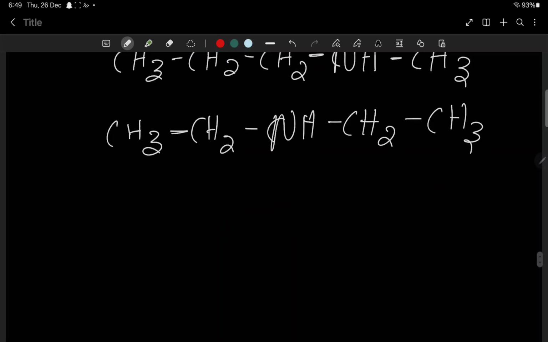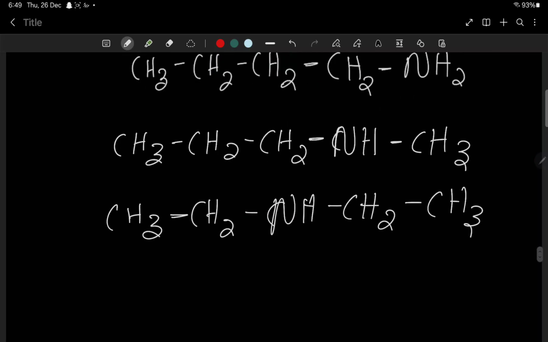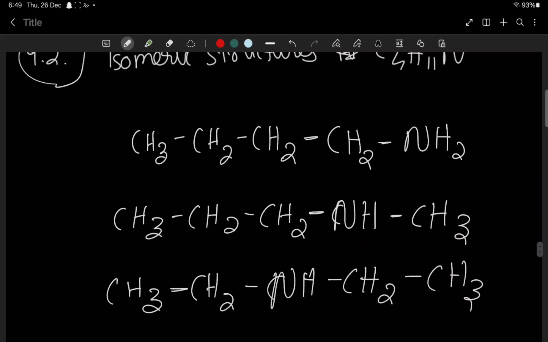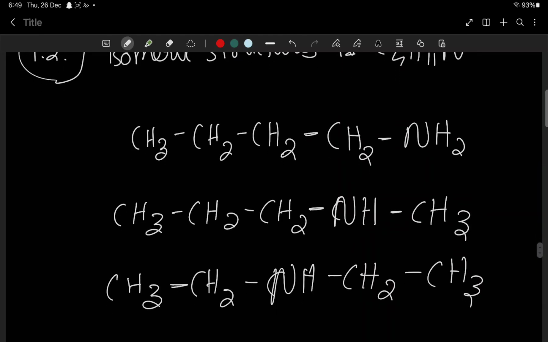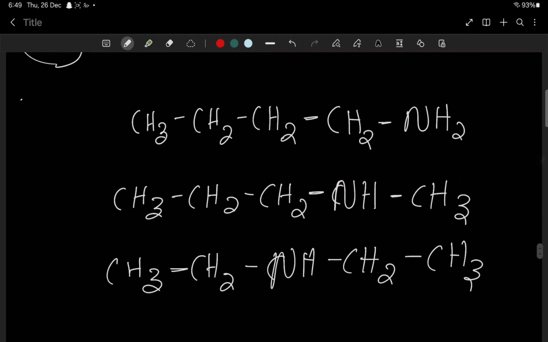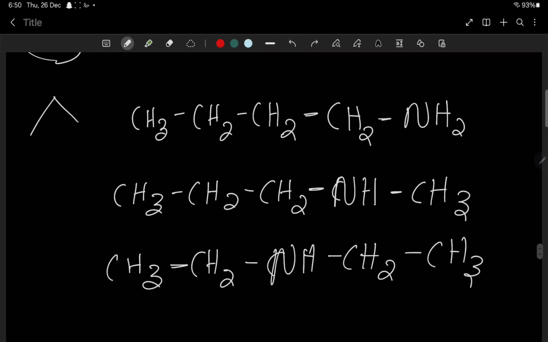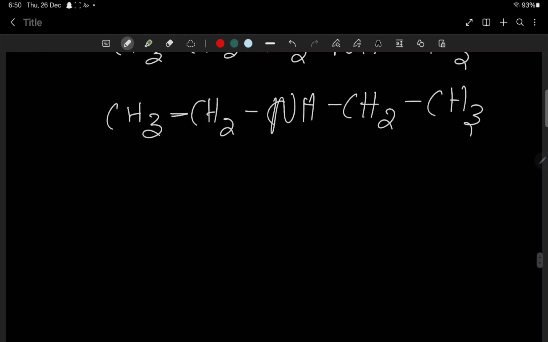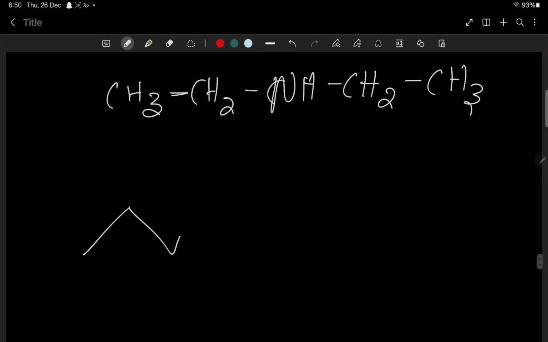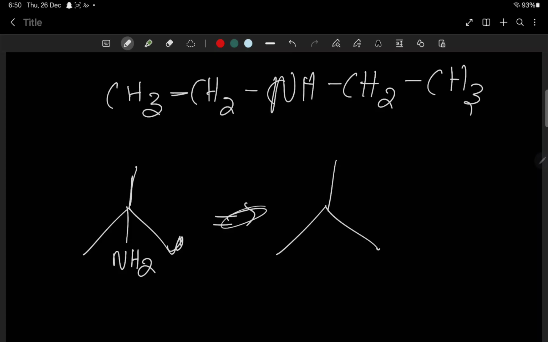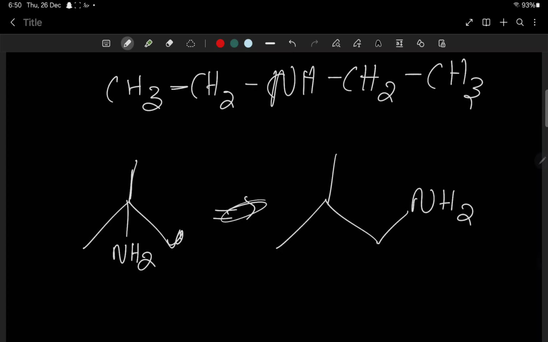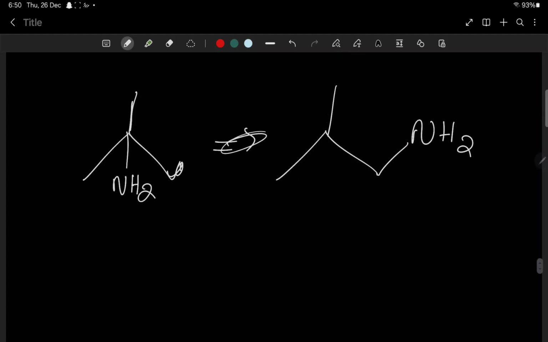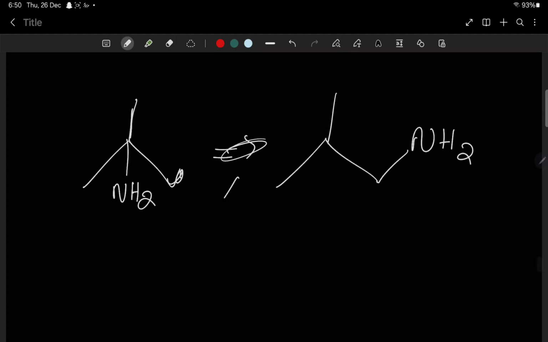Next one, we'll make it branch-wise. So we'll take the first compound and make it branch-wise. The first compound is butane. How will we convert butane? We can make it like this, right? So the first compound we will draw like this and add an NH2 here. Now we can also do it the other way, with NH2 here. We can add NH2 only at these two places. So these are the two compounds.